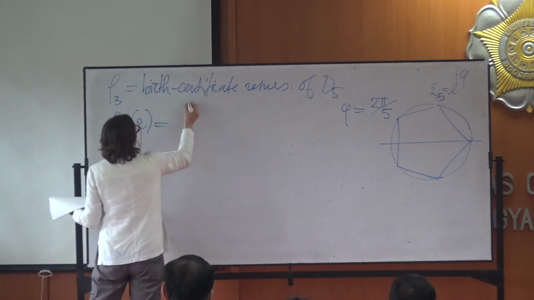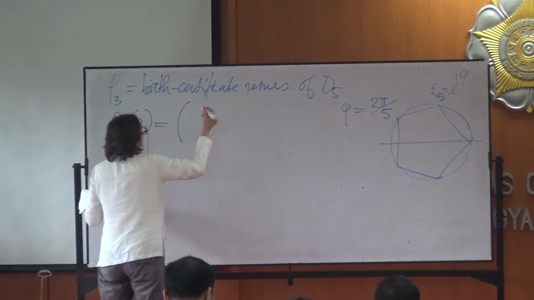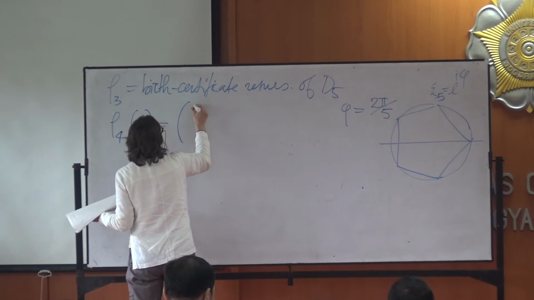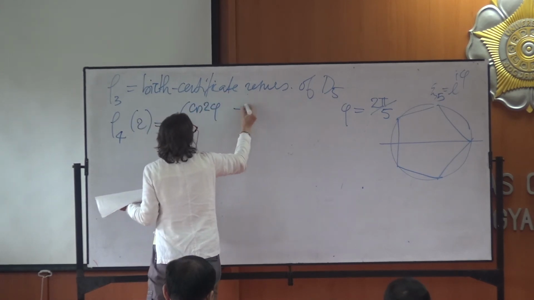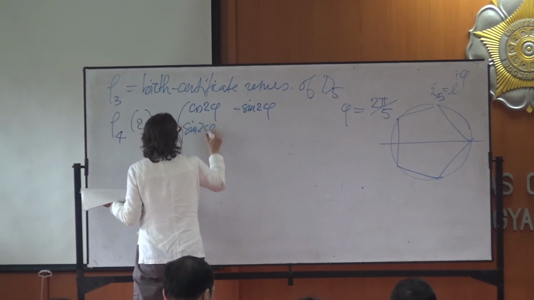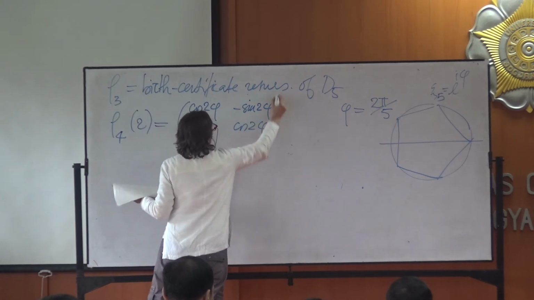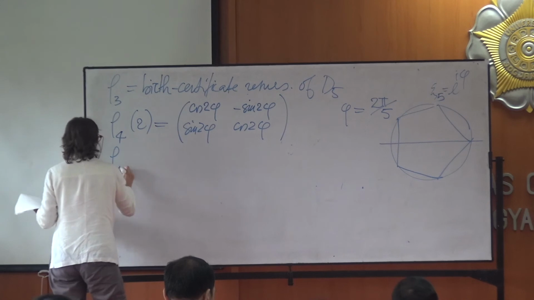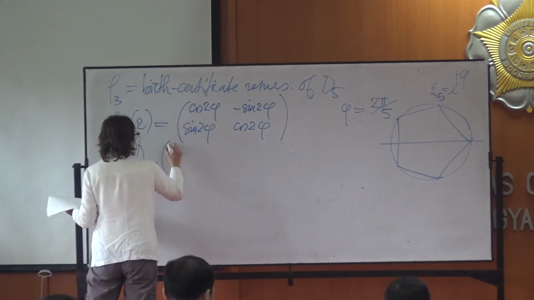Instead of taking cosine of phi, we take cosine of 2 phi. And again, rho 4 of S is equal to the standard reflection.